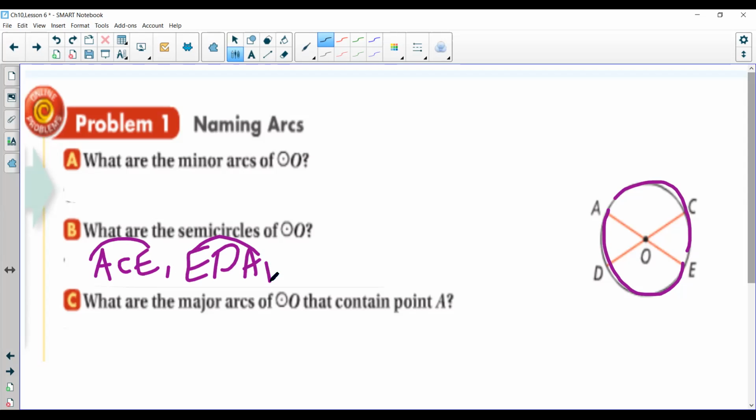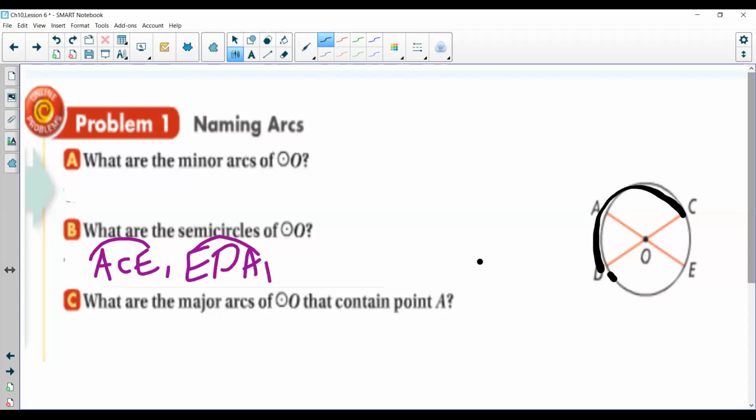Now let's choose another endpoint. Let's start from this one. So what about DAC?